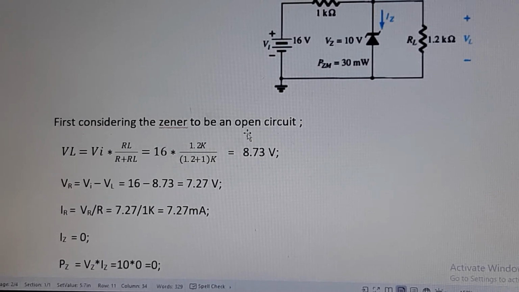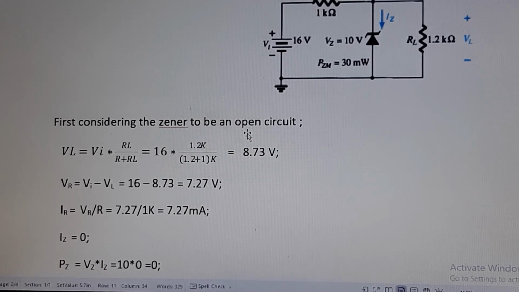So we can say that the Zener diode is in off state. That means no current flows through it. So Iz will be 0, and as Iz is 0, the power P, equal to Vz cross Iz, is also 0.